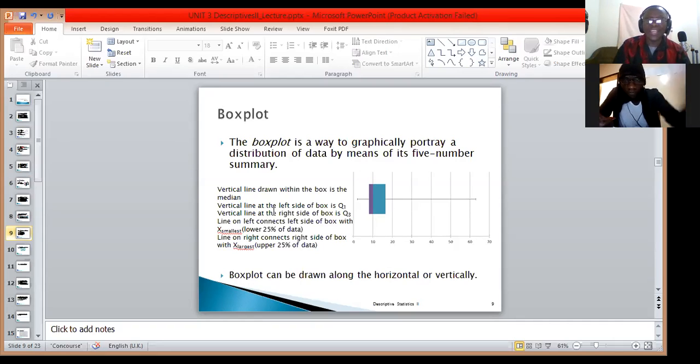The vertical line at the left side of the box is the lower quartile. We calculated our lower quartile; it was 8, you remember? So we are going to plot 8 here, which is lower than 10. You see where the 10 is? Our lower quartile will be on the left side of our median.